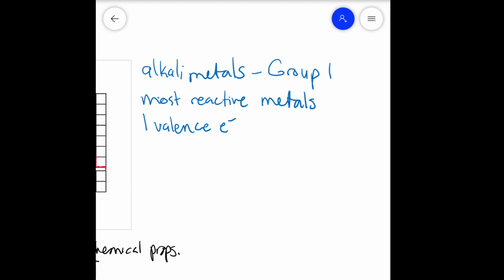So these are all going to form 1 plus cations because they're going to lose that one valence electron to make themselves stable, to have all the rest of them have an equal number. And that's why they're so reactive, because they just have one more to lose.